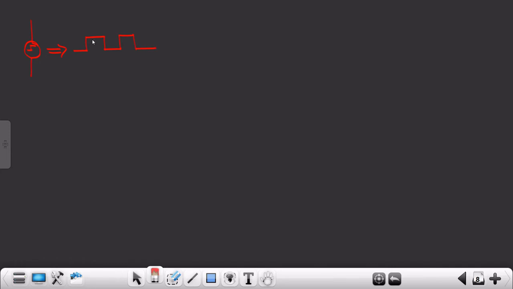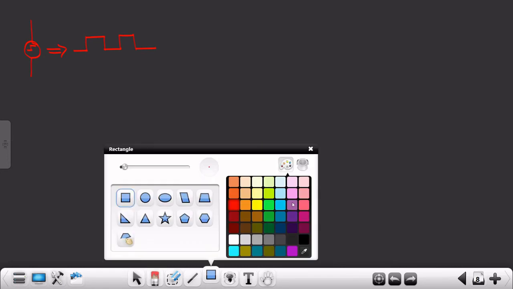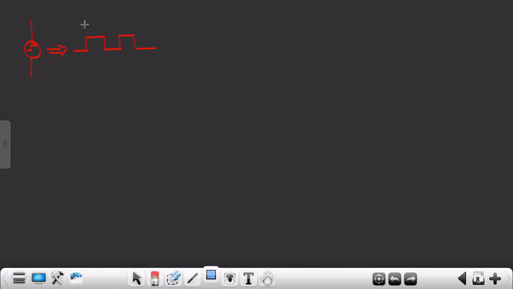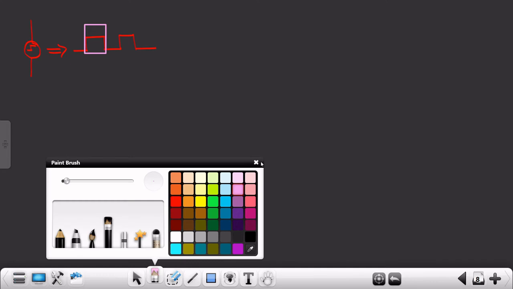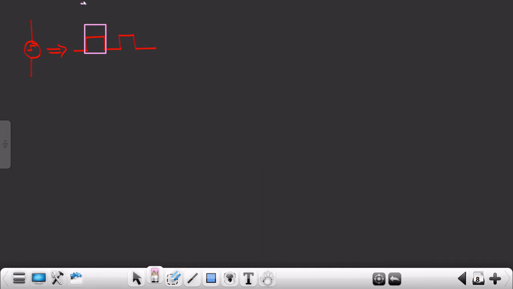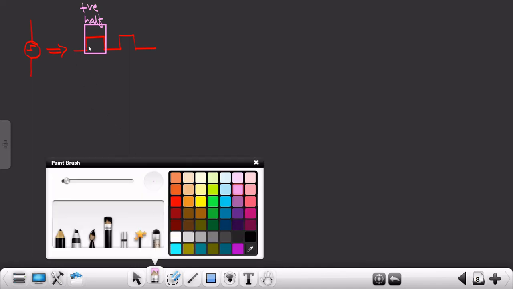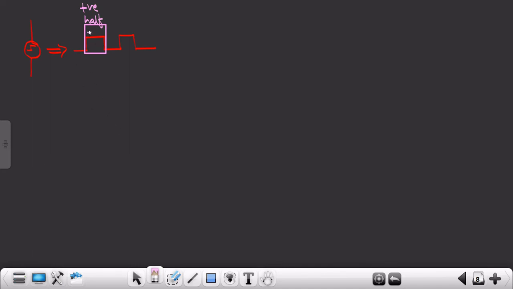So only think about this particular part. Just a second, I will take a different color. Now just think about this particular part, only the positive half. Now since we are dealing with plus 5 volts, let's suppose it is plus 5 volts.